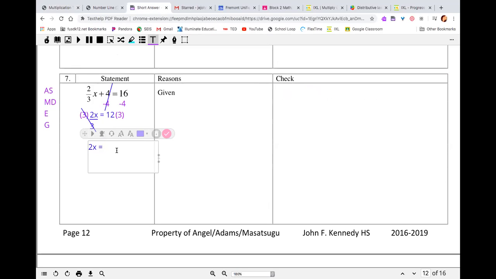Right? Use my number line. So now, is this looking more manageable? Yeah, right? So we just got rid of that.